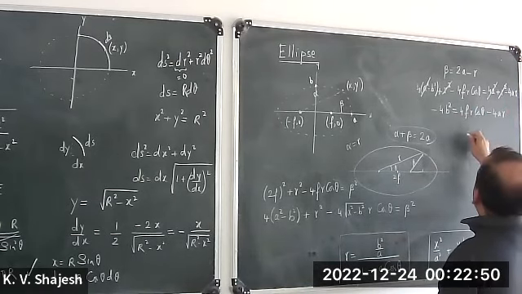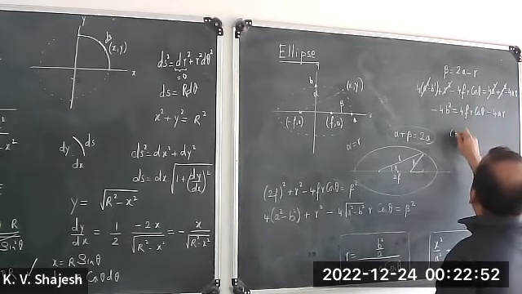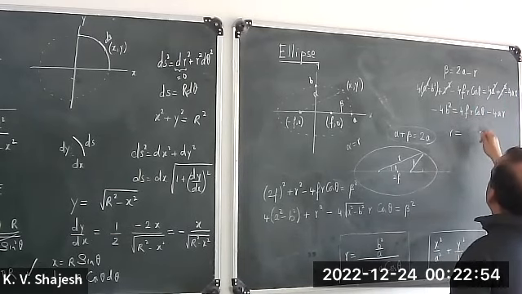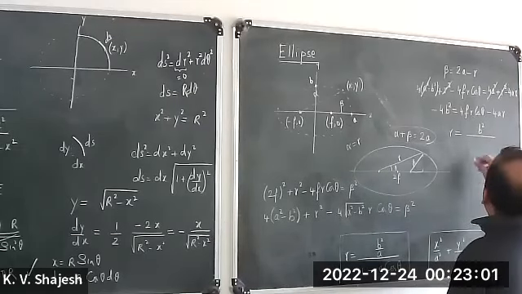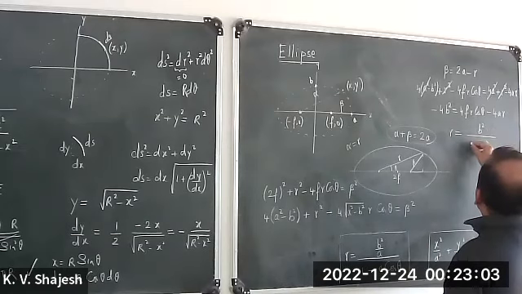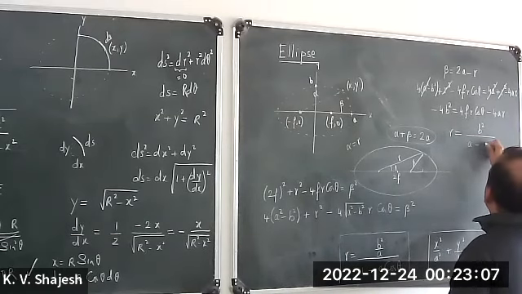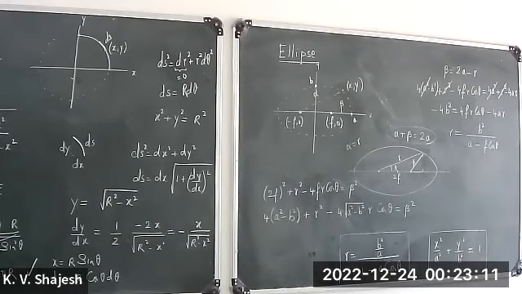So r is equal to b square divided by a minus f cosine theta. You want to change the sign also. Correct?